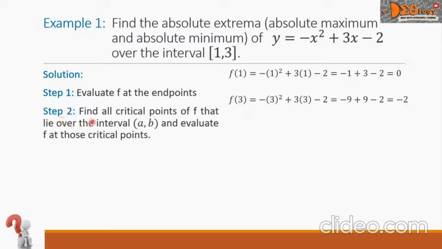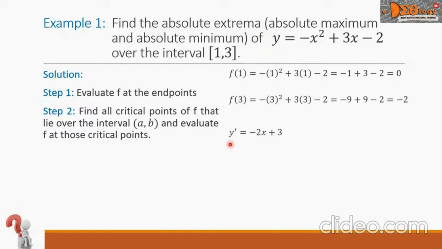Step 2. Find all critical points of the function f that lie over the interval from a to b, and evaluate f at those critical points. Looking for the critical points, first we will take the derivative of the function.